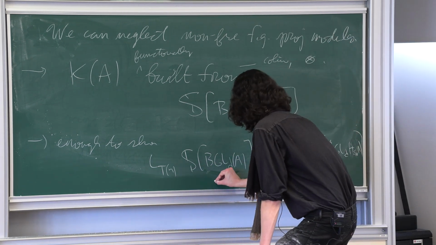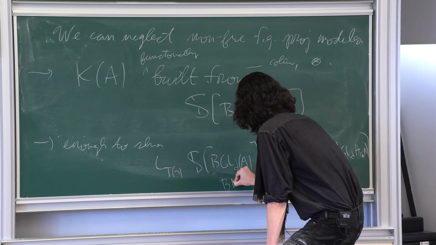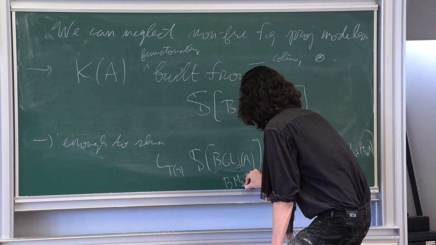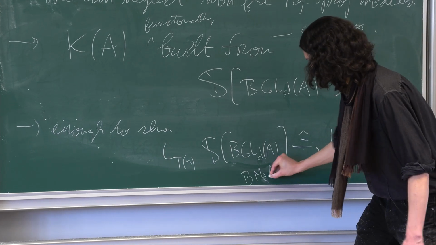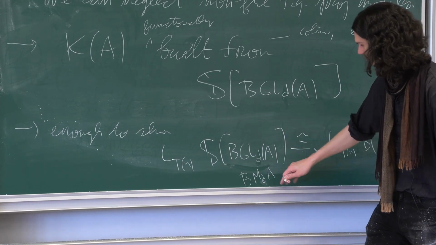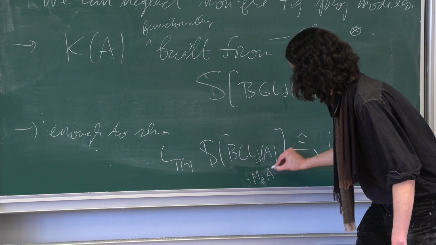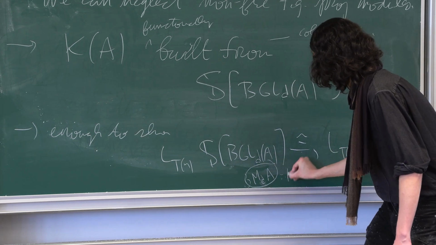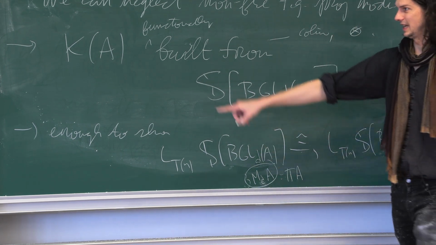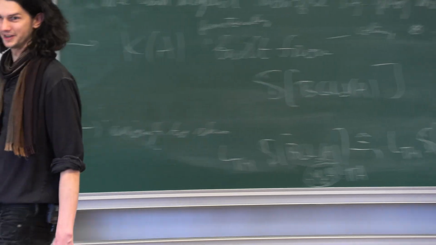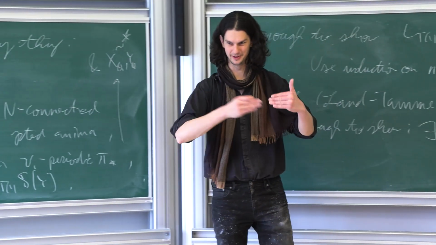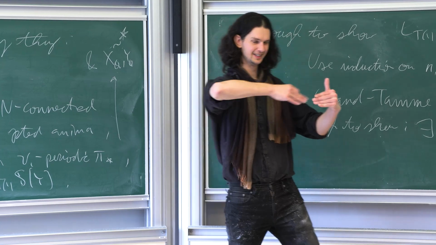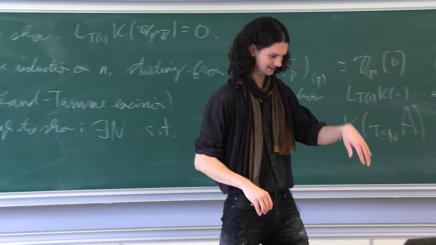But this, in high enough degrees, once you get rid of pi 0 and maybe pi 1, once you take enough loop spaces as a pointed space, it'll be the same thing as this, which is just a product of copies of A. And since A came from an HZ algebra, it also has no V1 periodic homotopy for the same reason as before, that V1 will kill HZ.